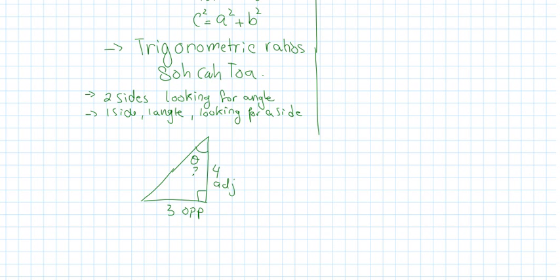Sorry, you said the second one is one side. One side, one angle, and you're looking for a side. So if I give you angle 42, and I give you that this side equals 7, and I'm asking you to find this, I have to give you at least two pieces of information other than the 90 degree. 90 degree, we don't use it.